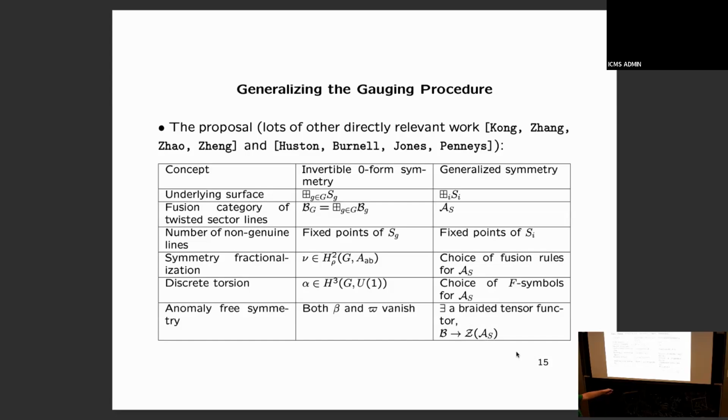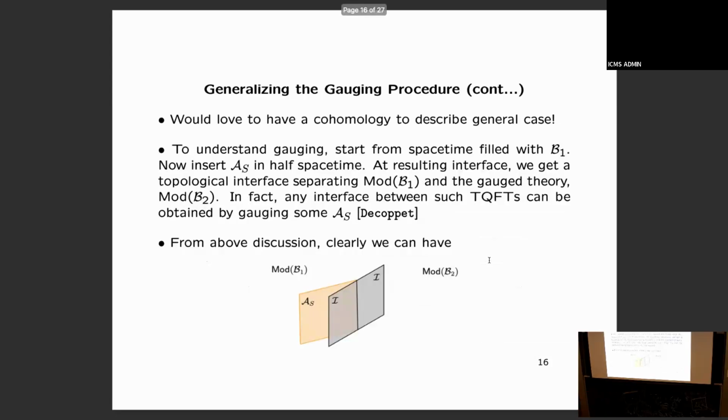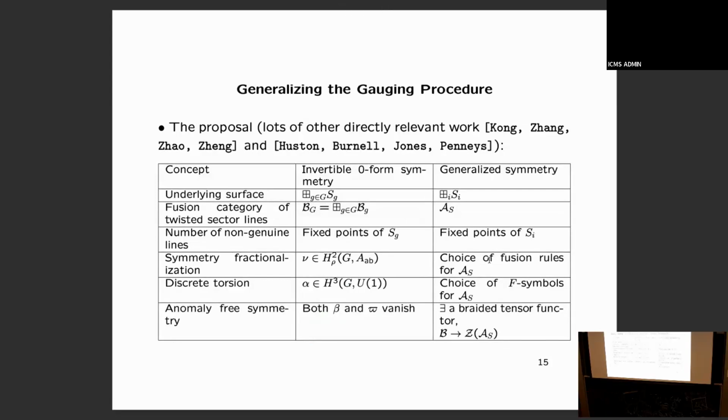This is not my work, of course. This is stuff that's been known for a long time. But one thing I'm interested in, and that we have so far absolutely not succeeded in, is coming up with some kind of cohomological, or maybe I just had a brief discussion with Corey, maybe it's not the right way to phrase things, but some kind of algebraic or topological groups, or whatever you want to call them, associated with these more general kinds of symmetries.